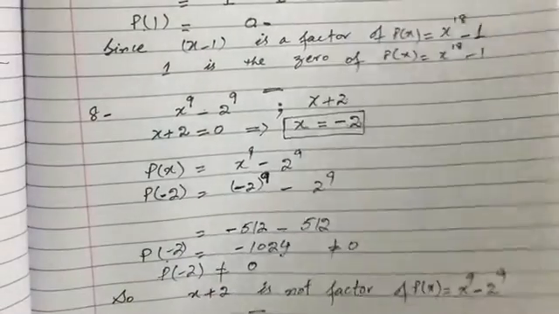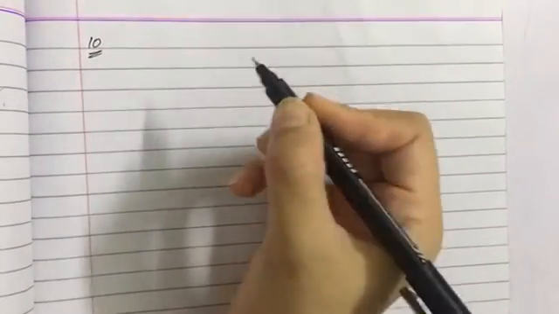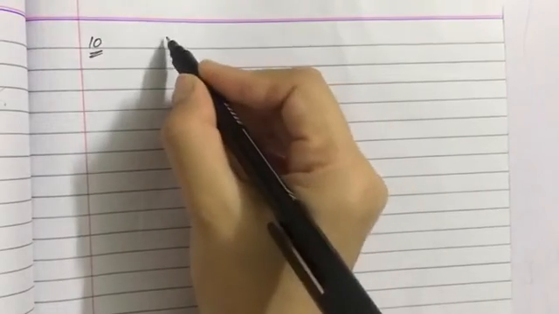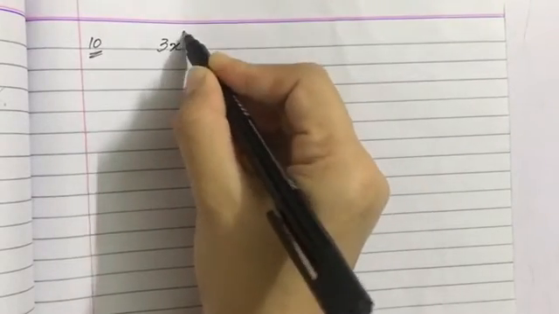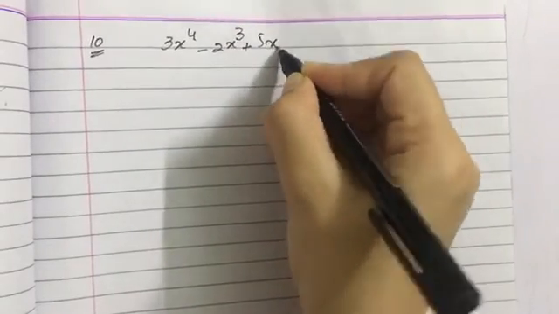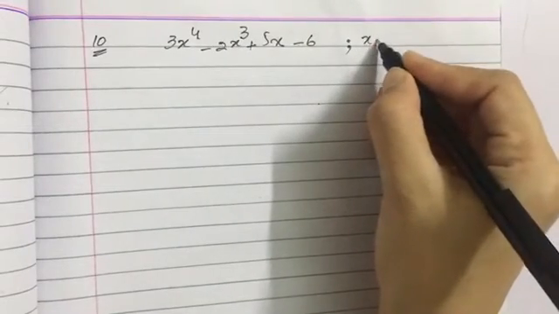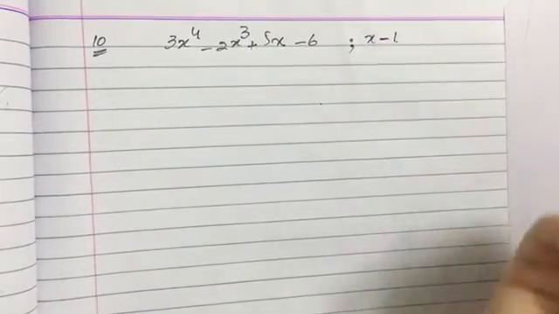Then question number 10. Question number 10 is 3x raised to power 4 minus 2x cube plus 5x minus 6, when the second polynomial is x minus 1.